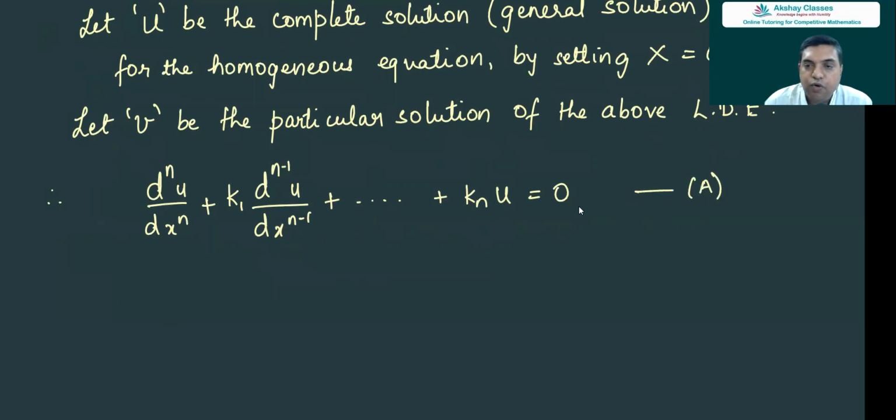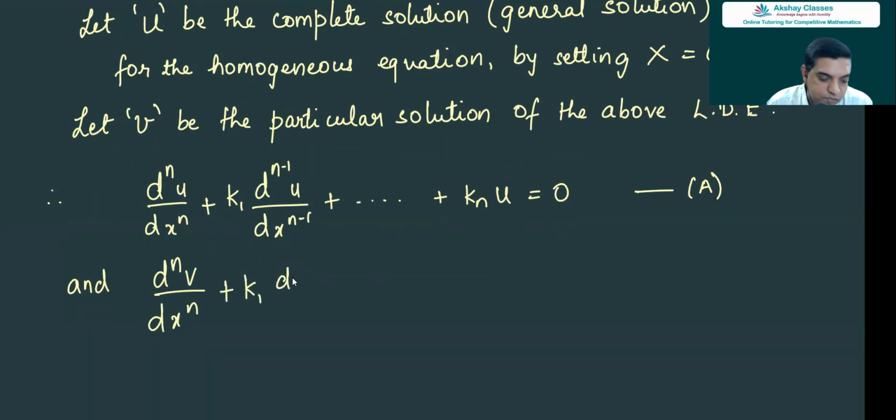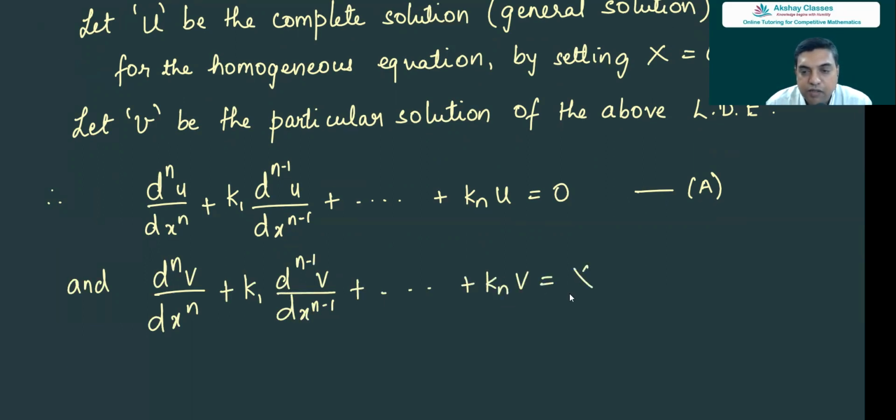That means for the homogeneous equation, u is a function which we substitute in the homogeneous equation, and it satisfies the equation. And now what happens to v? v is a particular integral or the particular solution for this.